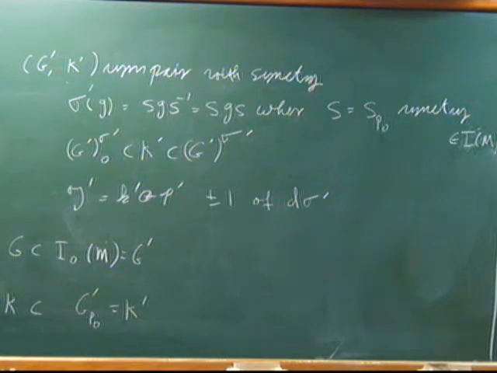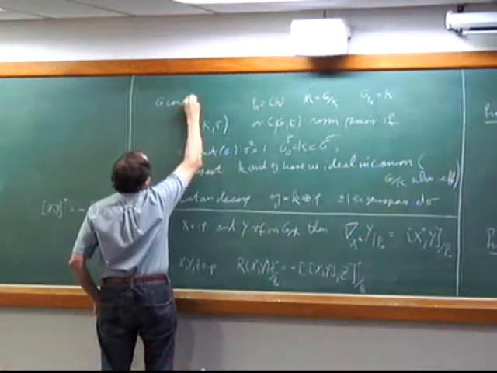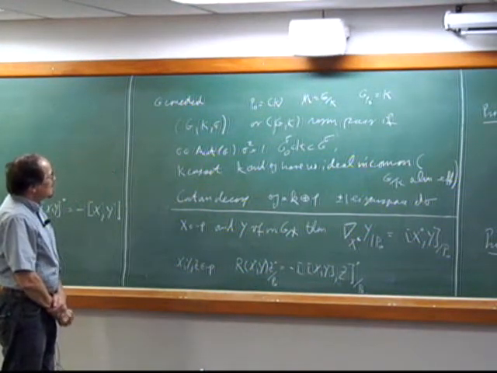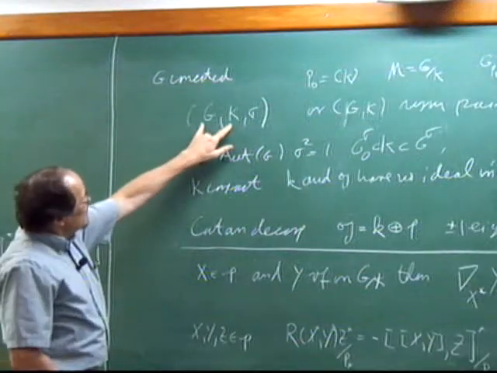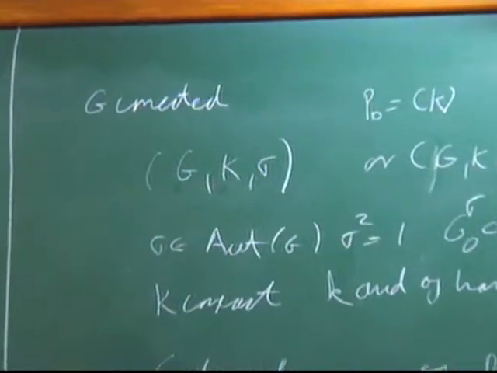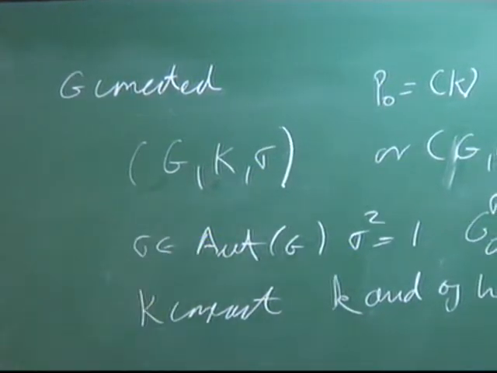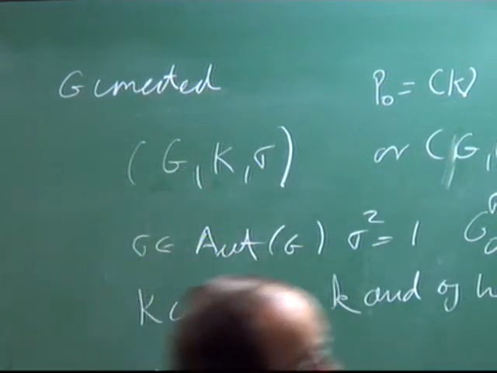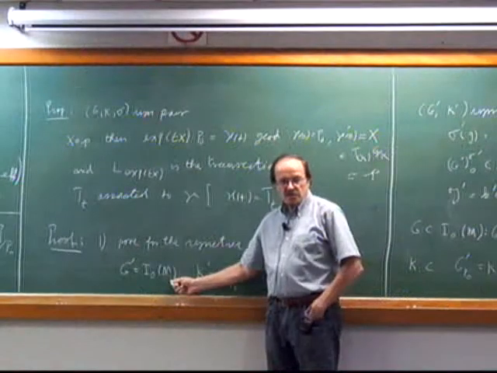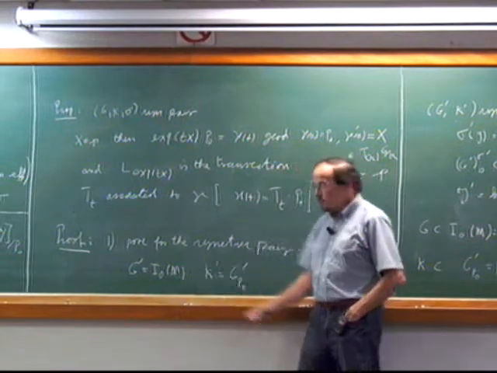Yes, so in a symmetric pair here, G is assumed to be connected, absolutely. It would be a mess otherwise. Then I would have to say, well, G and K have the same components, and the quotient must be connected. It's unpleasant, right? This setup is much more natural when G is connected. So that's why here, for this symmetric pair, I take the identity component of the symmetry group, as opposed to the full one.